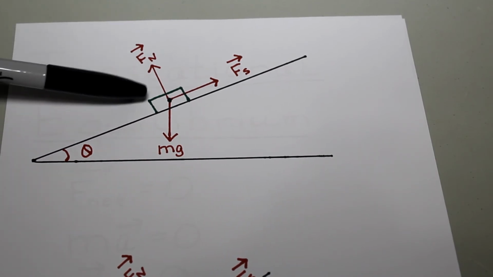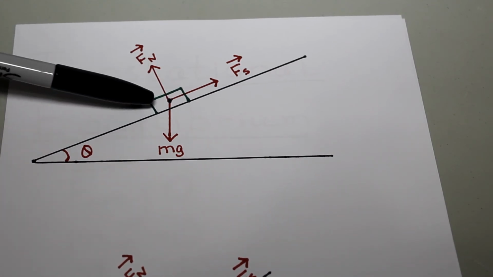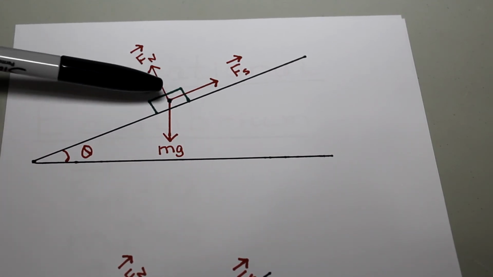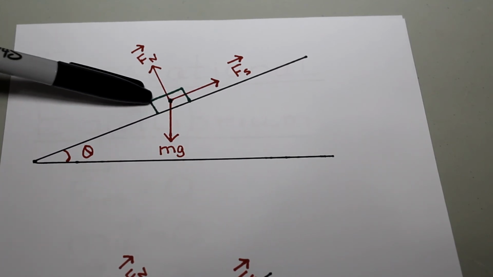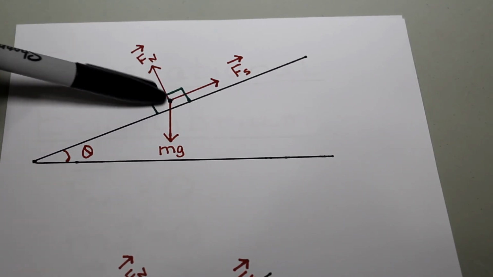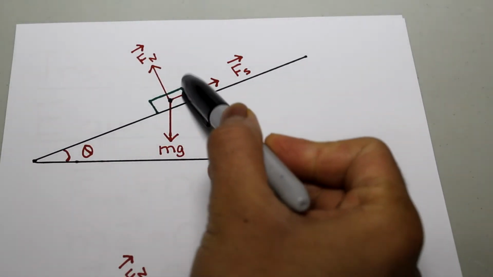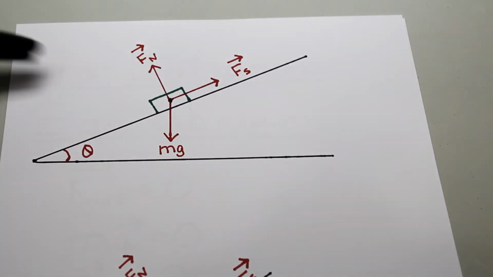As always, the normal force is perpendicular to the surface. It's very important to remember, even on inclines, the normal force is always perpendicular to the surface. The normal force is not going to be this way. It's always perpendicular.